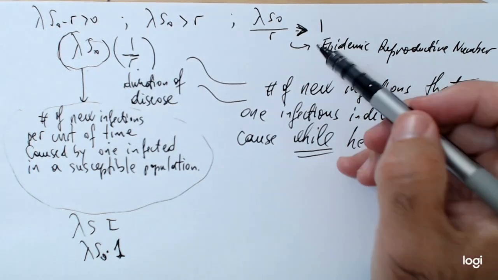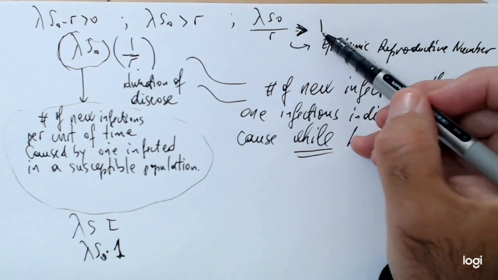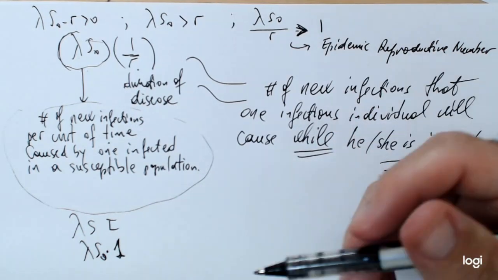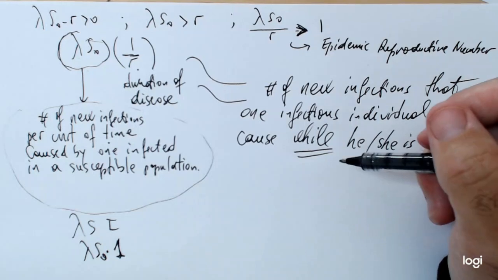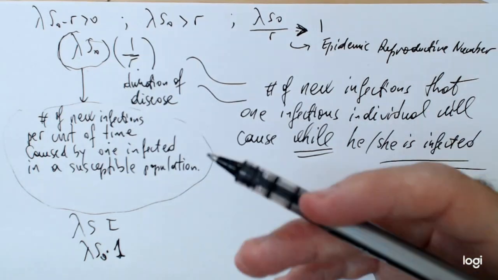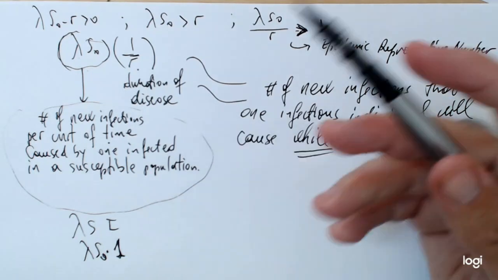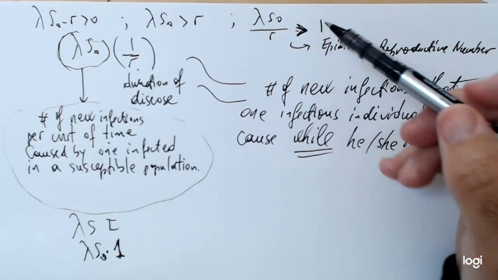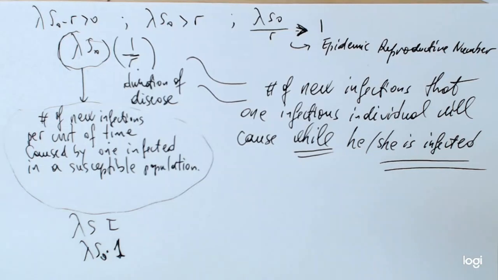And that's the reason why we do this rearrangement to compare it to one, because it's very intuitive. If, let's say the disease takes 7 days, and a typical infectious person can cause more than one infection during those 7 days, then obviously we have a spike, because the disease will have a net positive reproduction rate. You will cause more than one infection, so that means you will replace more than yourself.